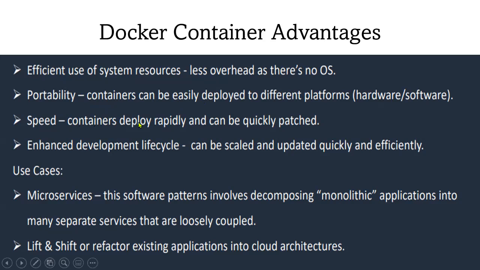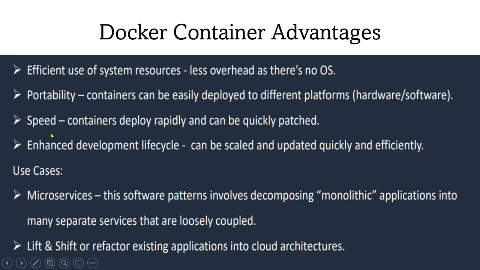Speed: containers deploy rapidly and can be quickly patched. That means containers run very quickly because they don't have an underlying OS, and an OS takes time to reboot and start up. Enhanced development cycle: they can be scaled and updated quickly and efficiently. When you do auto scaling in AWS and managed instance groups in GCP, they take time to start up, right? You have to wait for the instances to come up.